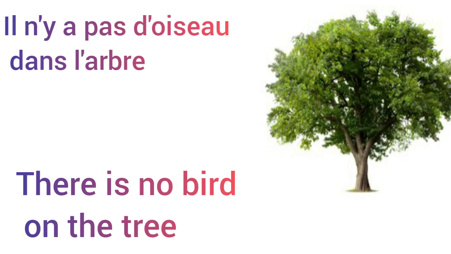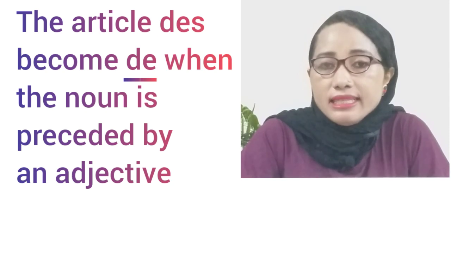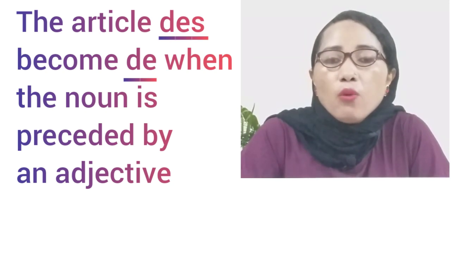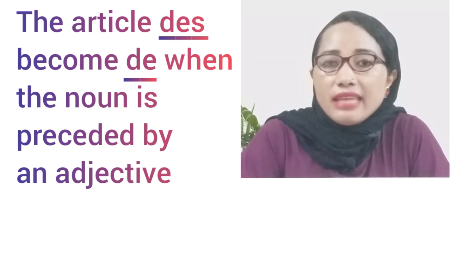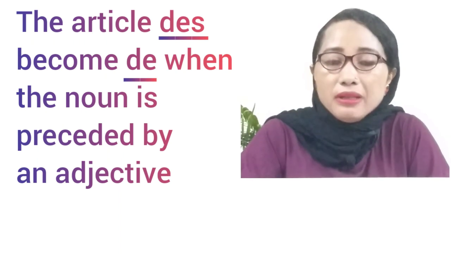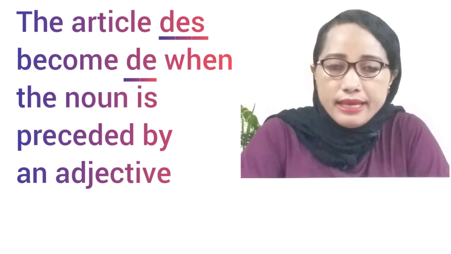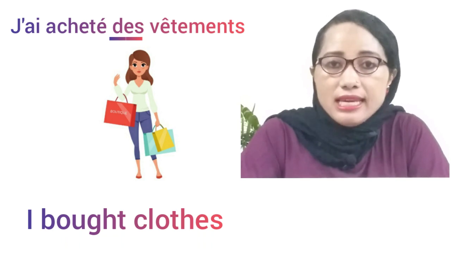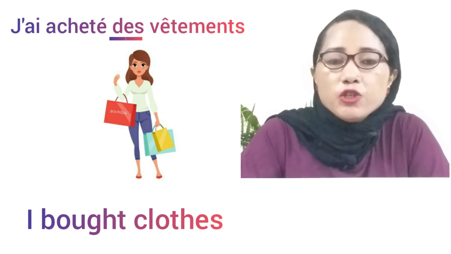Alright? And one more thing: the article des becomes de when the noun is preceded by an adjective. For example, I give you one sentence here. J'ai acheté des vêtements. If I want to say that I purchased some beautiful clothes, I use the adjective beautiful here.